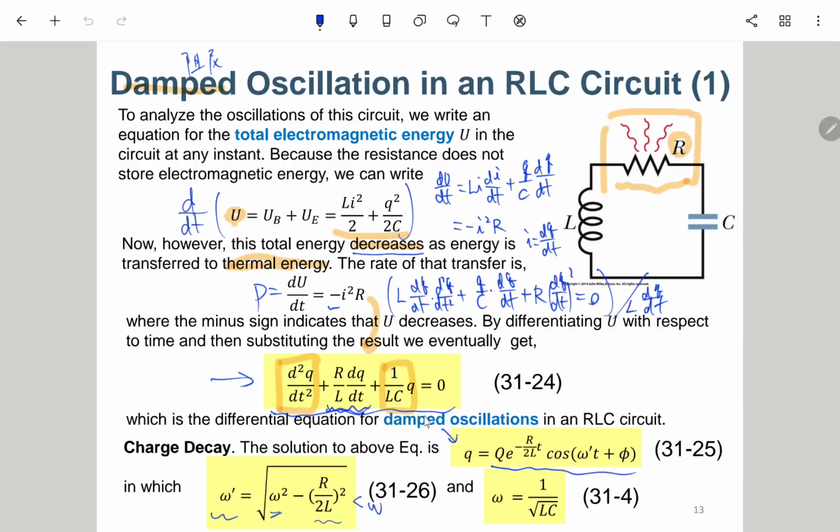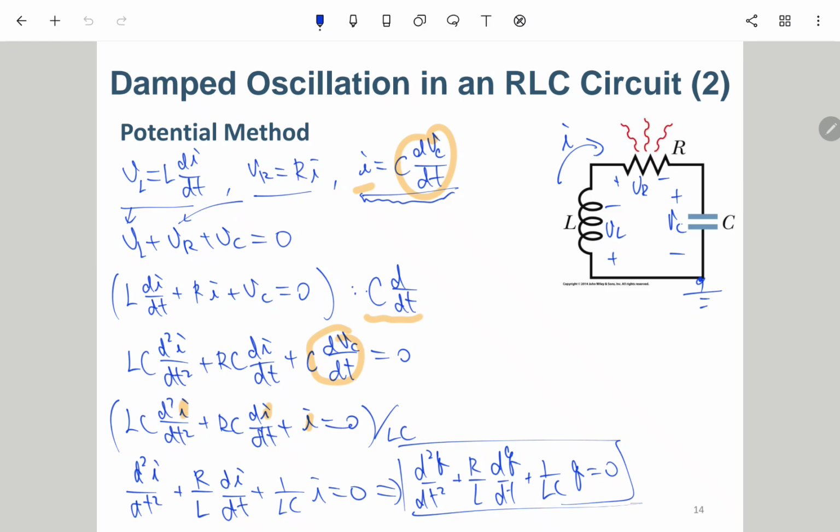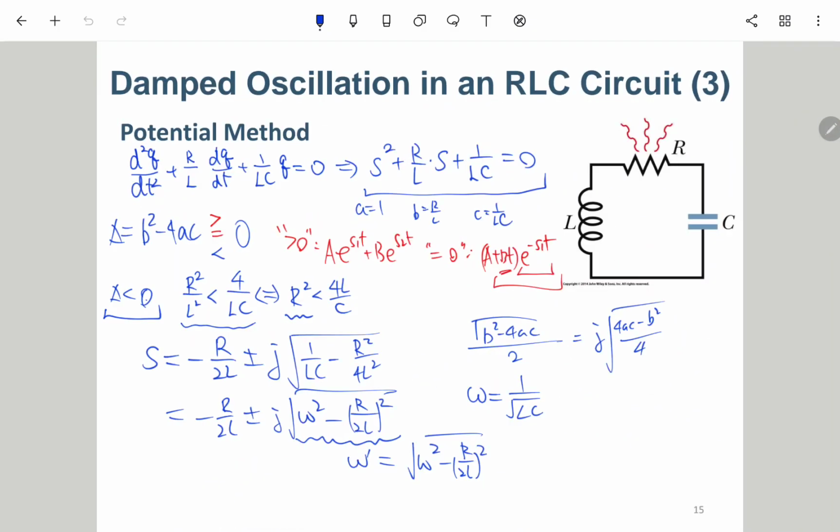And finally, why is it like that? Because this is the solution. What we have learned is that Q will be exponential to the negative of the real part.